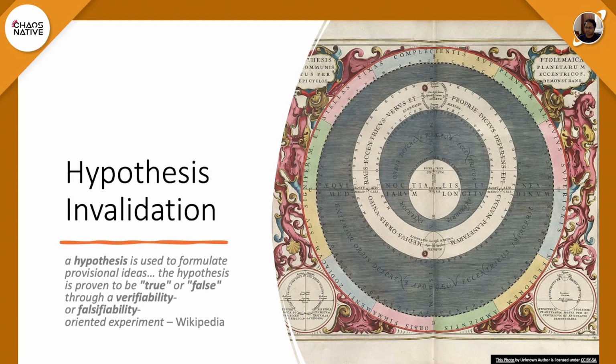Since I've spoken about hypotheses, let's understand what hypothesis invalidation is. Hypotheses, as our old school lessons have taught us: you make a statement, and then there is a verifiability aspect to it and a falsifiability aspect to it. For example, I could say all green apples are sour. To prove that statement, there are two ways.